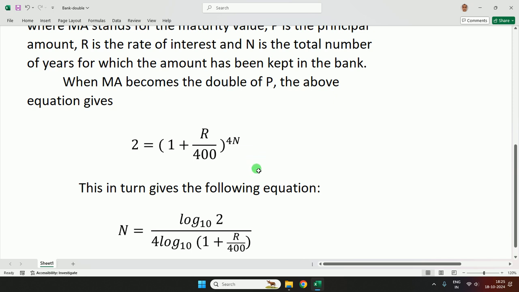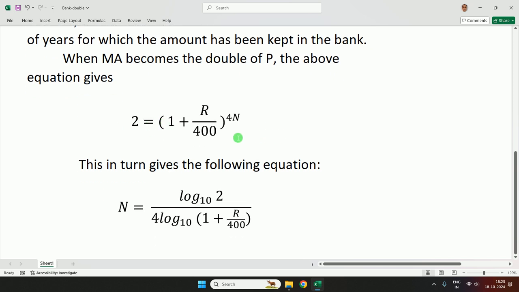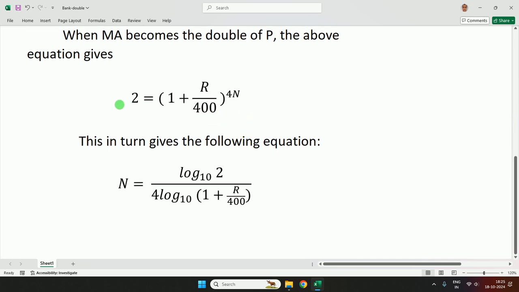And if you take logarithm of both sides with respect to base 10, then the left hand side will be log 2 and the right hand side will be 4n into log of this quantity. Therefore, n will be equal to log 2 divided by 4 times log of (1 plus R over 400).